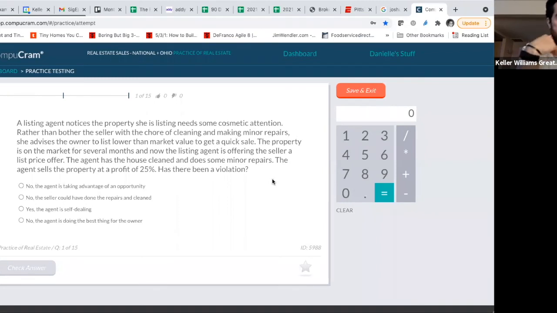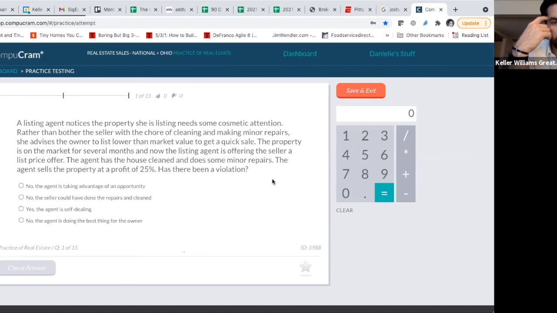A listing agent notices that the property she is listing needs some cosmetic attention. Rather than bother the seller with the chore of cleaning and making minor repairs, she advises the owner to list lower than market value to get a quick sale. The property is on the market for several months, and now the listing agent is offering the seller a list price offer.